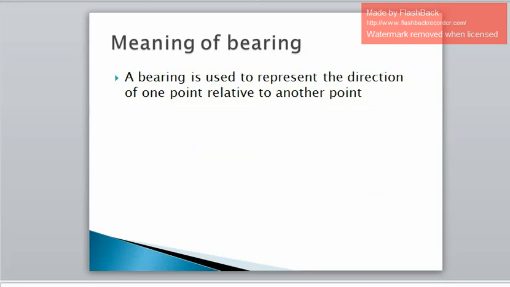Generally speaking, we say bearing is used to represent the direction of one point relative to another position. Bearings is just direction given. If you are giving somebody a direction from your house to the secondary school, in our everyday life we normally say: pick a car from so and so, drop at so and so.